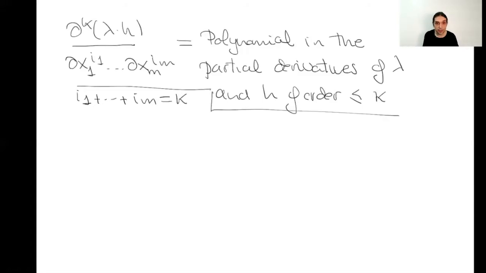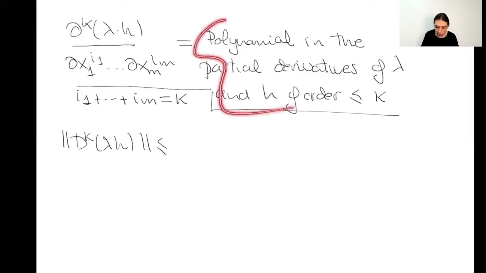As a consequence, if we want to consider upper estimates for derivatives of lambda times h, because this polynomial does not depend on lambda or h, this is going to be smaller or equal than some positive universal constant.